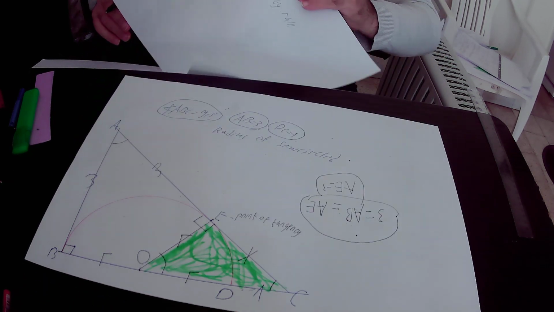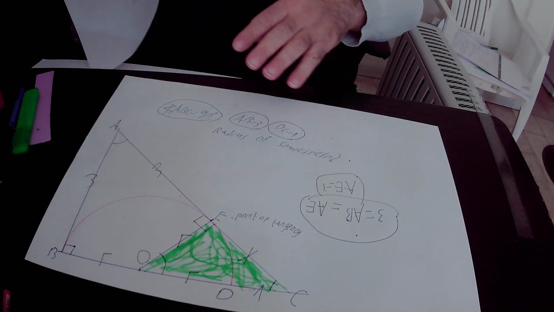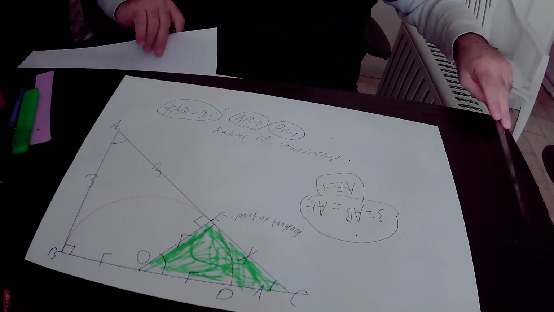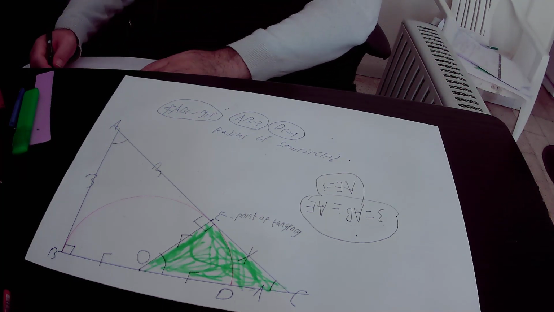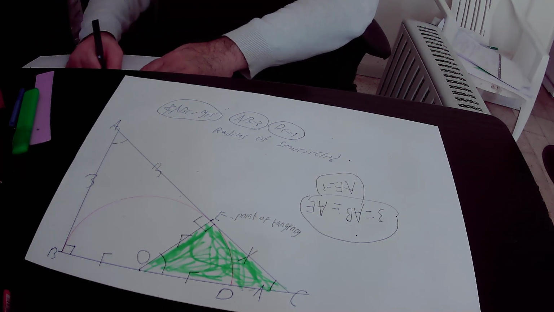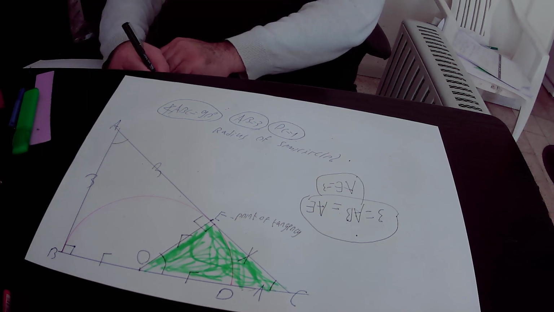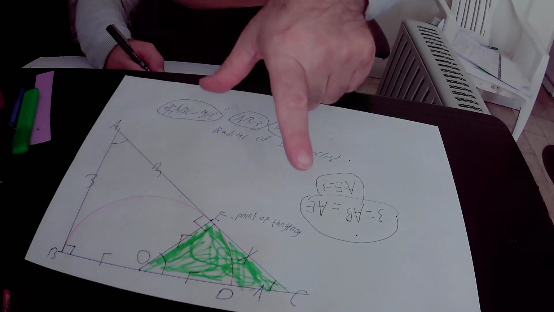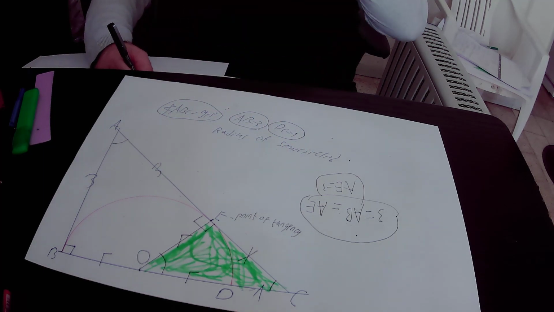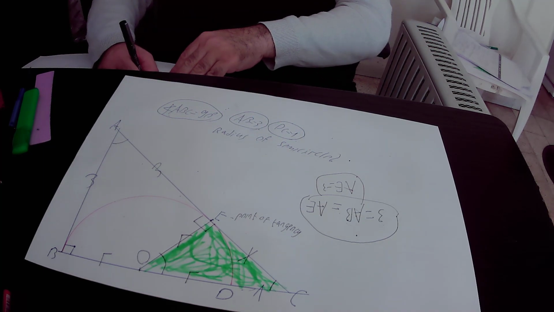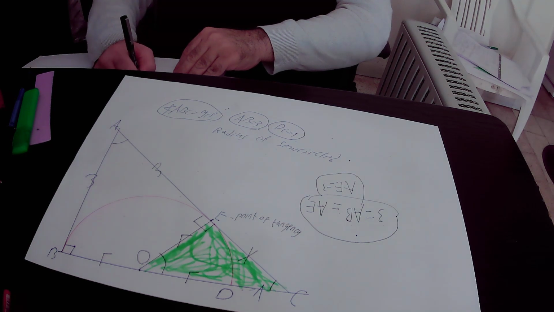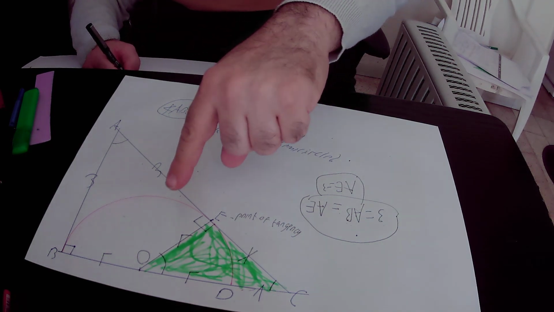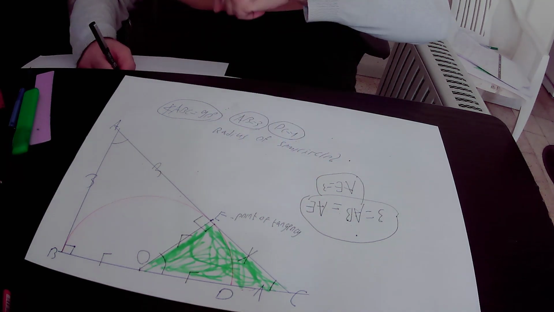So from the fact that triangle ABC is similar to the green triangle EOC, we will derive that AB over AC equals OE over OC.